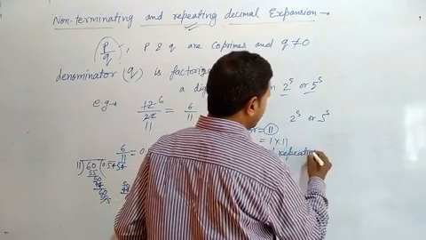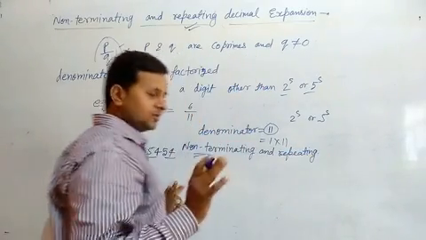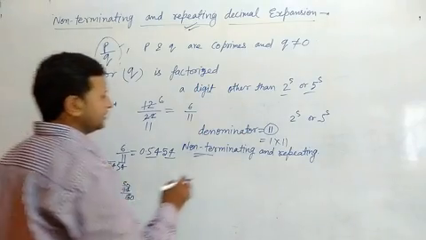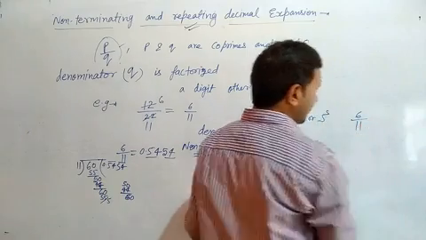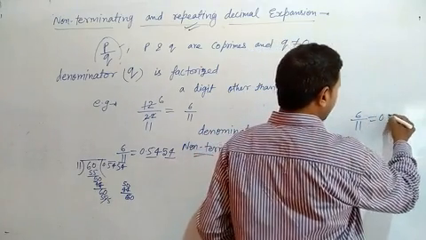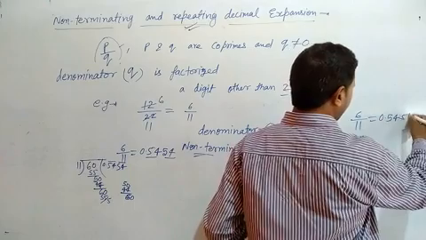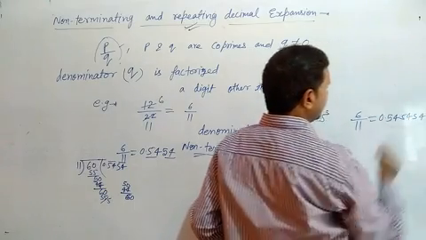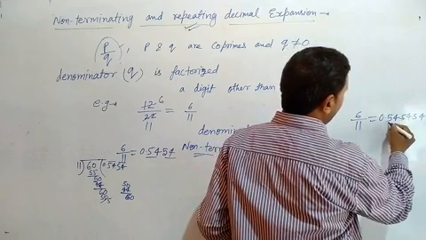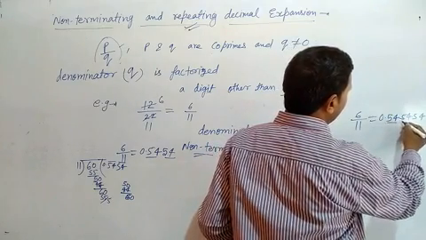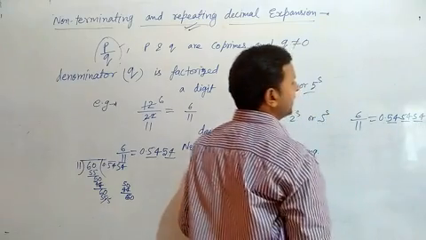It means that if we divide 6 by 11, we get 5 4 5 4 5 4 and so on. You can see that the pair 5 and 4, means 5 4, will be repeated.